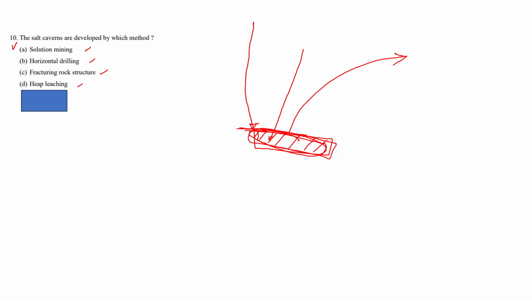This cave is developed by solution mining. Salt and water are the solutions, that's why it is called solution mining.